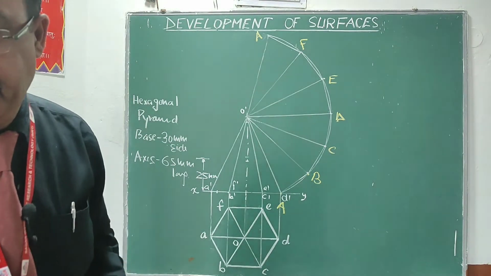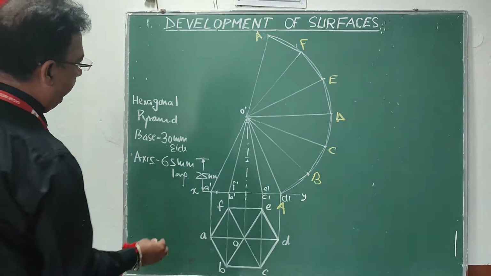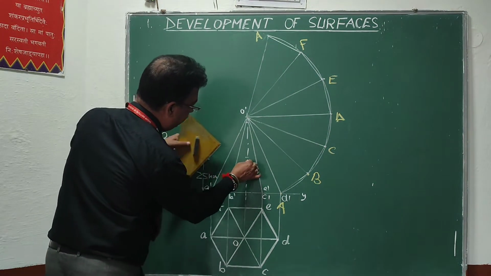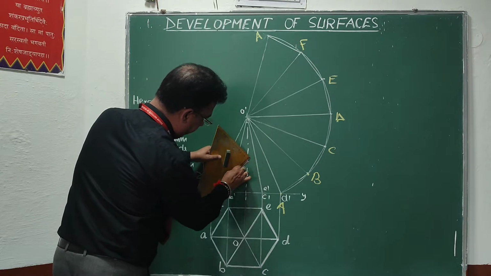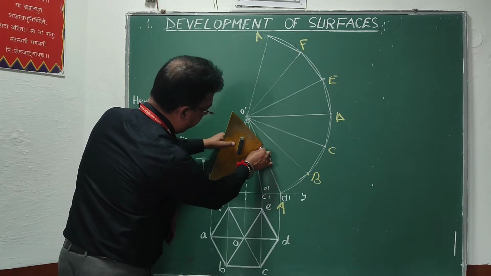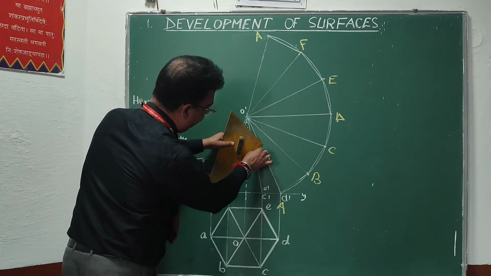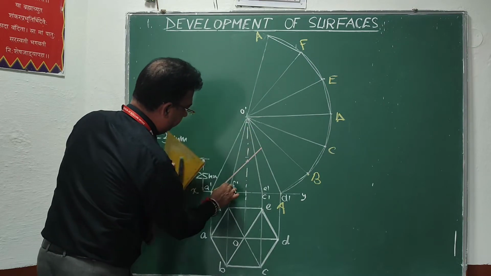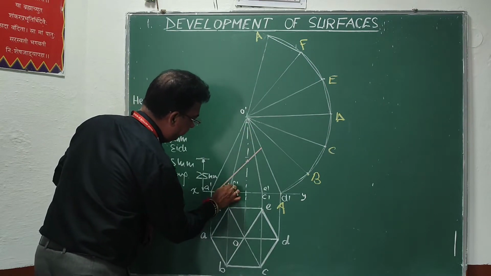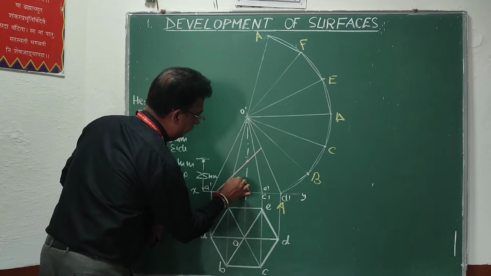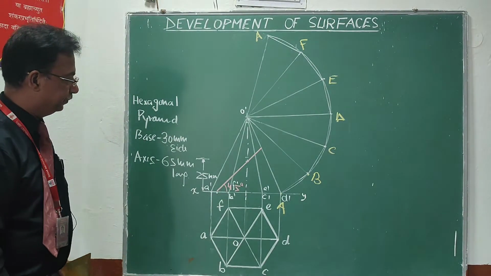At 25 mm above I have already marked a point, and through this point I cut the solid by a section plane inclined to HP at 45 degrees, like this.